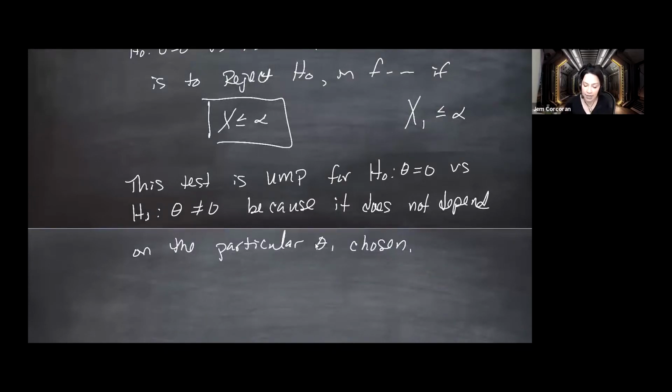One way is that the actual test here does not depend on it. You say, I'm going to reject if my x1 is less than or equal to alpha, not if it's less than or equal to alpha over theta 1, like the test looks free of theta 1. But somewhere in the making of the test, we may have or may have not flipped an inequality depending on where theta 1 was chosen.